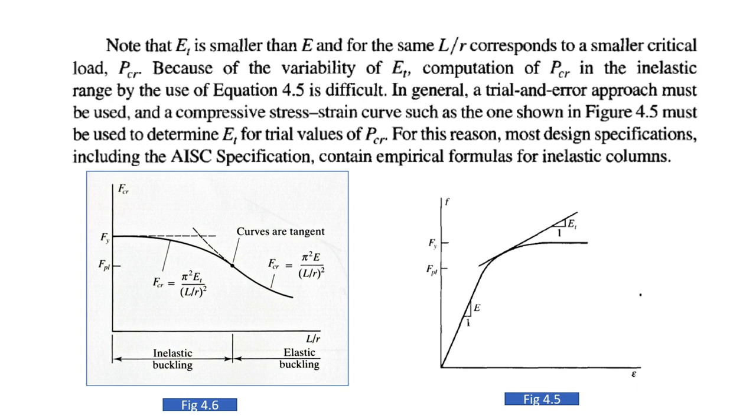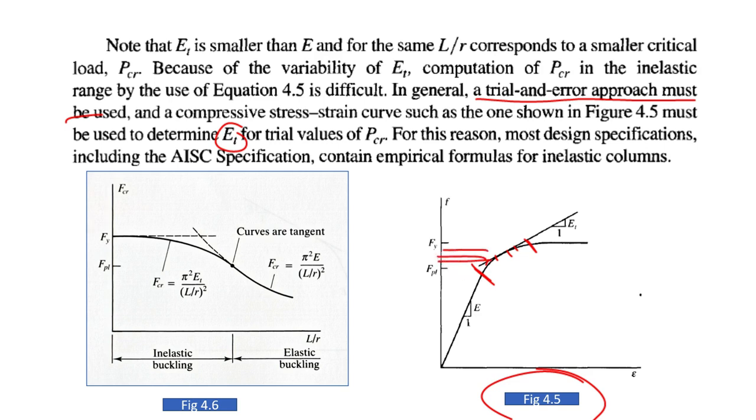In general, a trial and error approach must be used, and a compressive stress strain curve such as the one shown in figure 4.5 must be used to determine ET. So we are going to determine this ET from here to here. Can you imagine that at each point we want to calculate ET corresponding to each stress, which is something difficult?